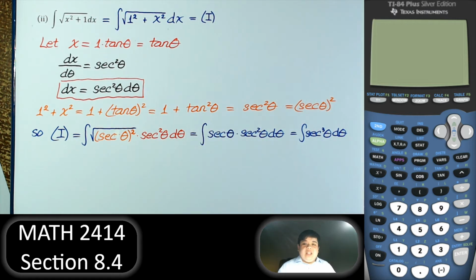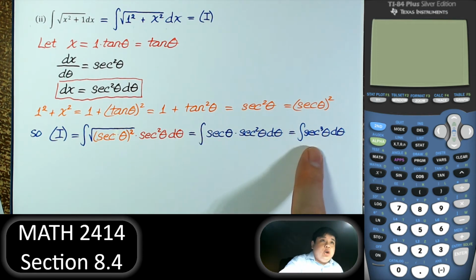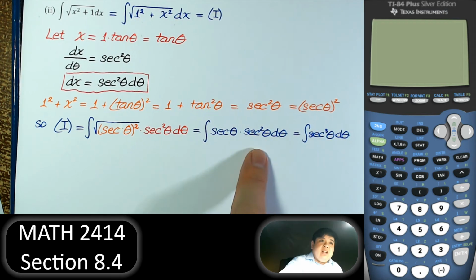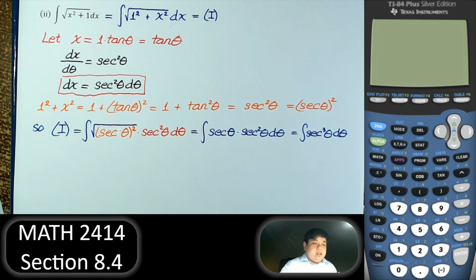Right. A secant cube. This is the classic problem. Actually, we did this before, right? Remember, this is in a previous section when we talked about secant cube. And for the secant cube, to recap, we're going to write it like this and use integration by parts. Let's find that problem.